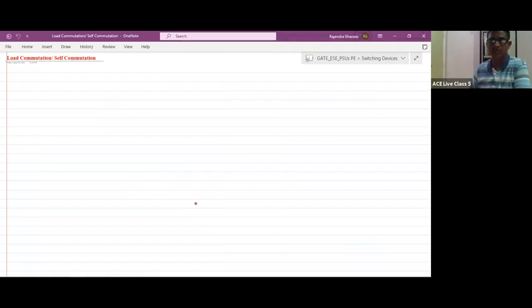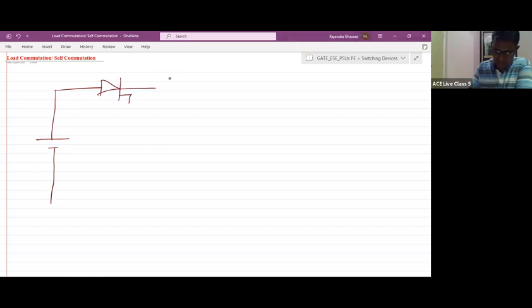So let us first discuss the load commutation or self commutation. Input is a DC. Suppose here we are having a thyristor, and additional elements we have connected here, L and C. And suppose the load is resistive.